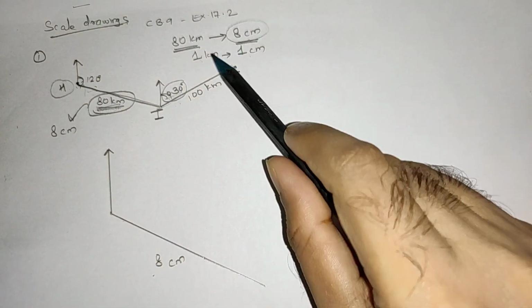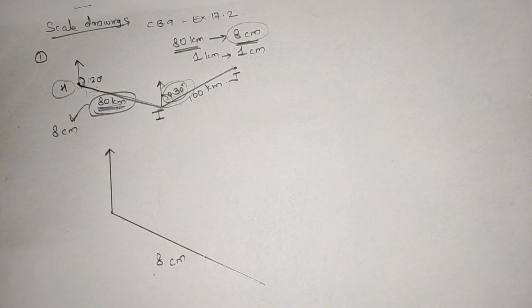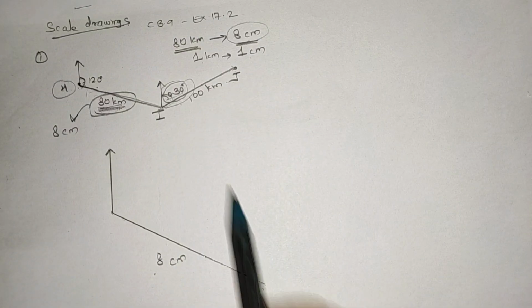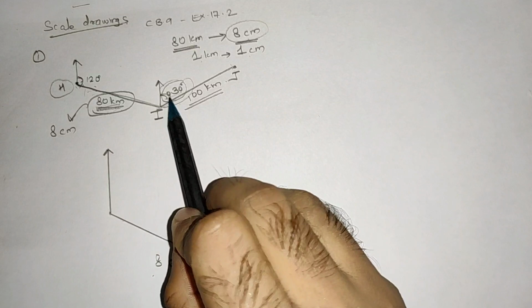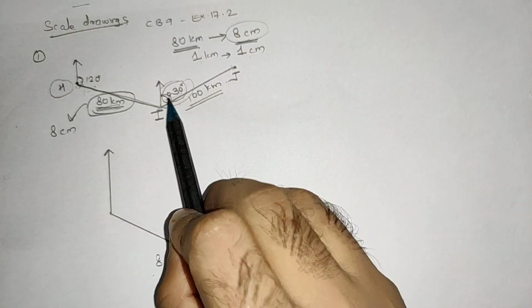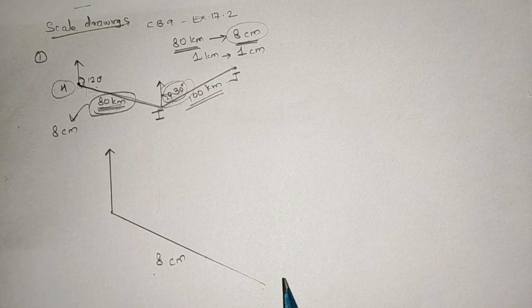Now the next bearing is 030 degree. So at this point I need to take the bearing of 030 degree for a distance of 100 km. Before taking this bearing, what I need to do is draw the north angle. Okay, so we need to be very careful with that north angle, north segment.